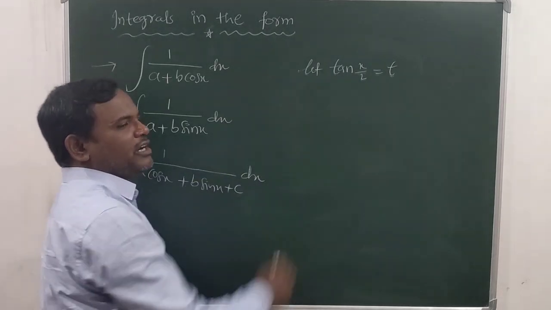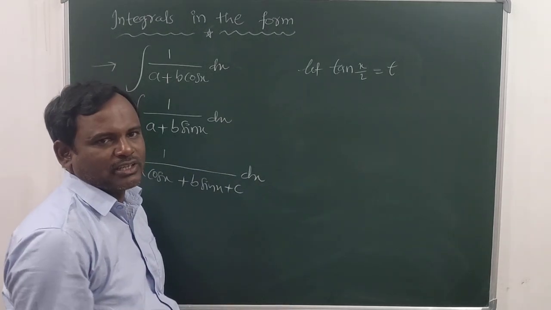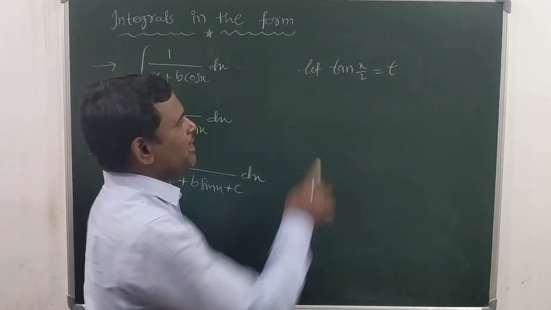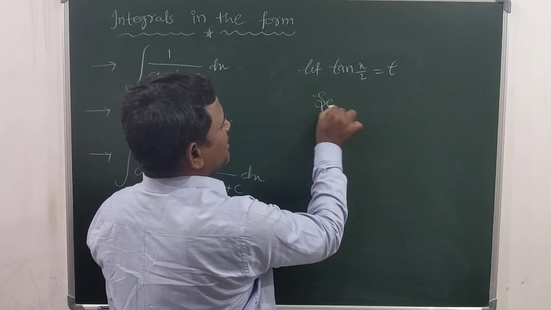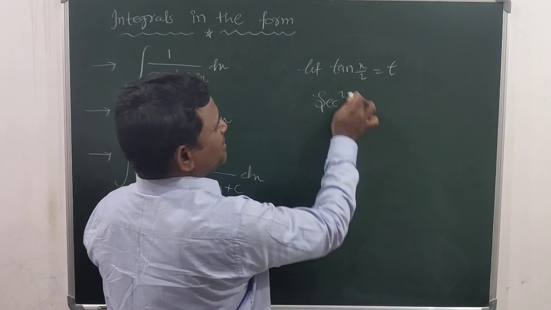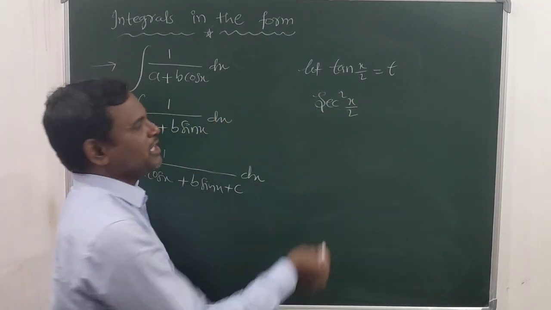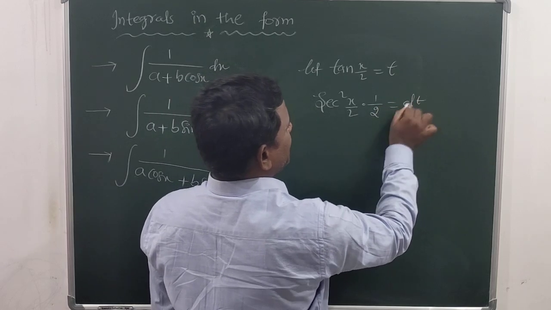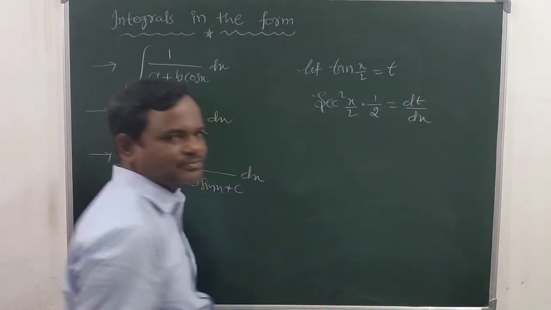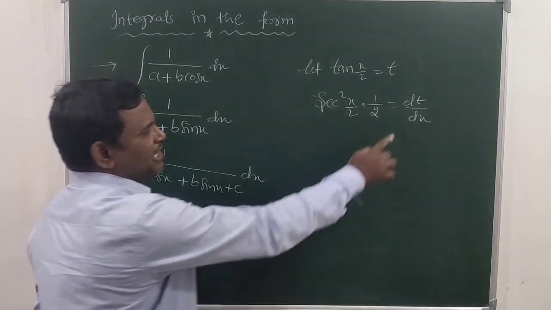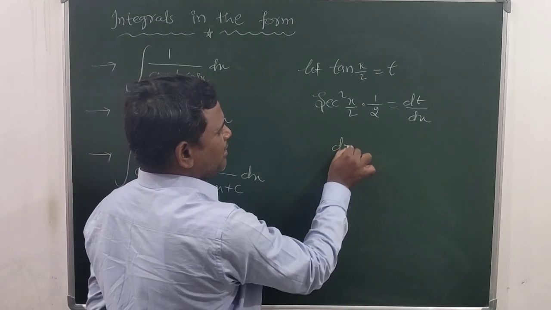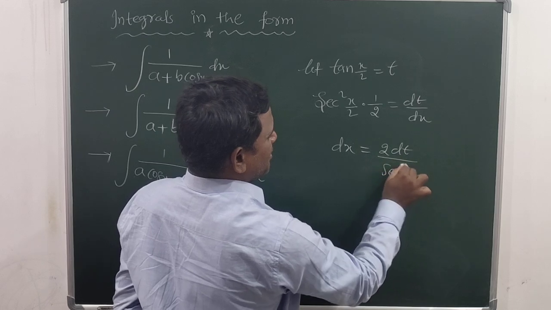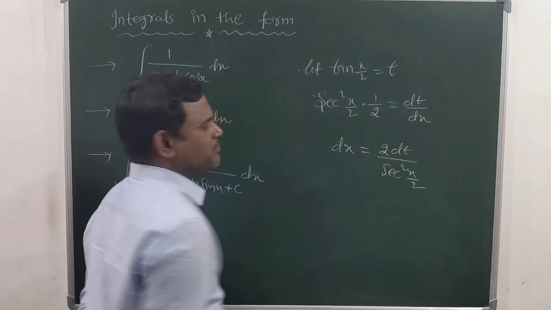And do the derivative on both sides with respect to x. So as you know, the derivative of tan x by 2 is secant square x by 2. This is not x. Follow the chain rule. You get 1 by 2 secant square x by 2, which is equal to dt by dx. Now make dx as subject so that you get 2 dt by secant square x by 2.